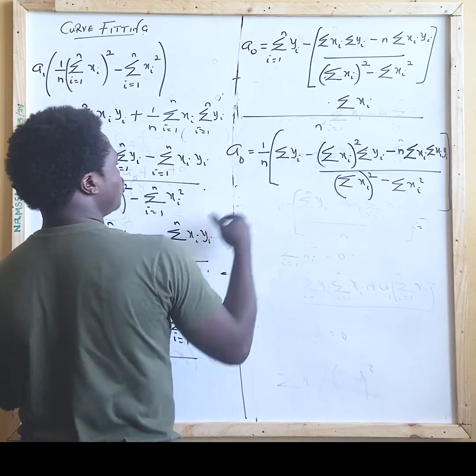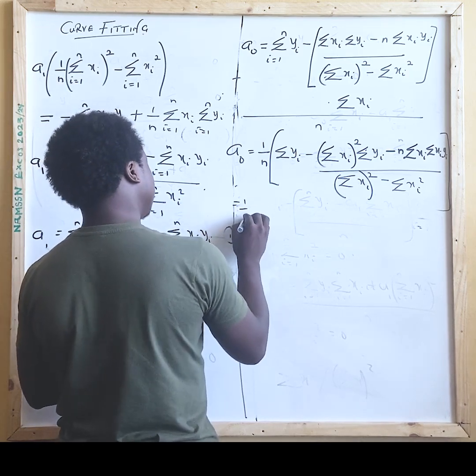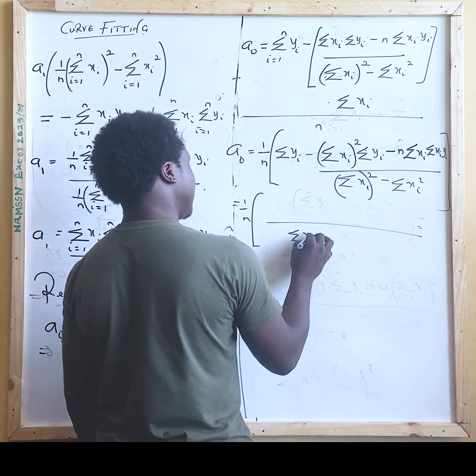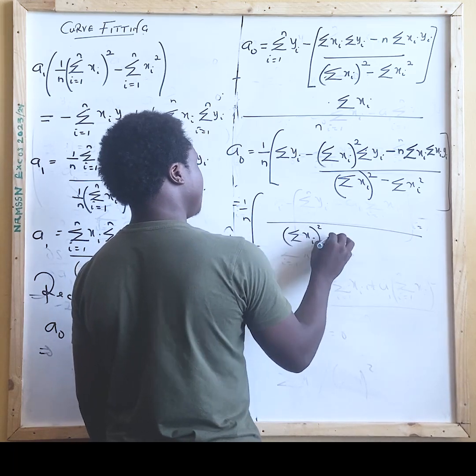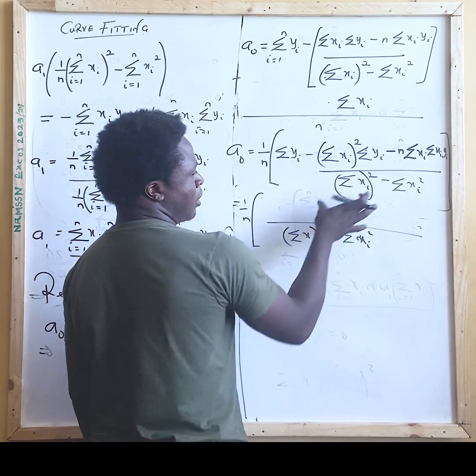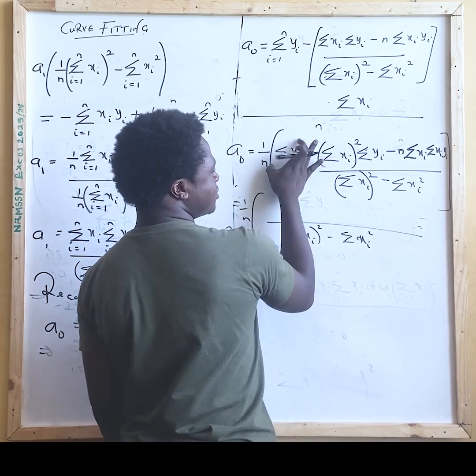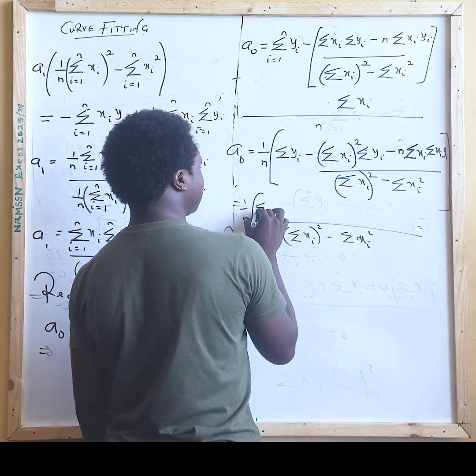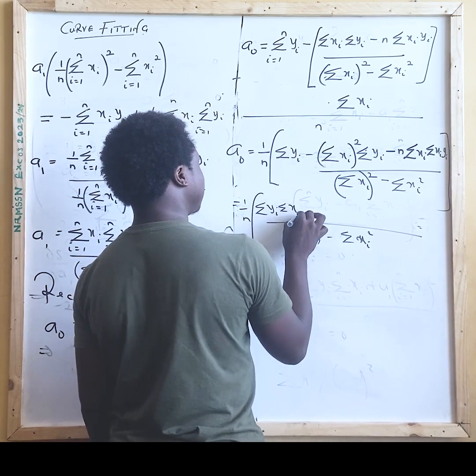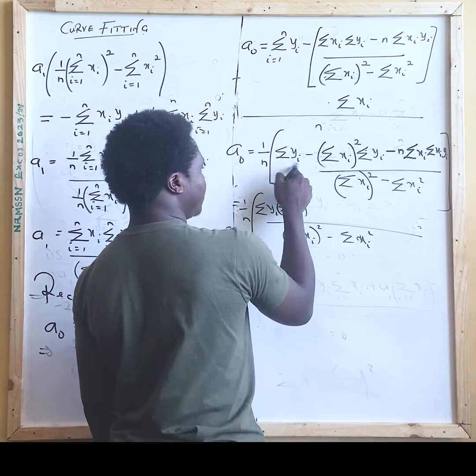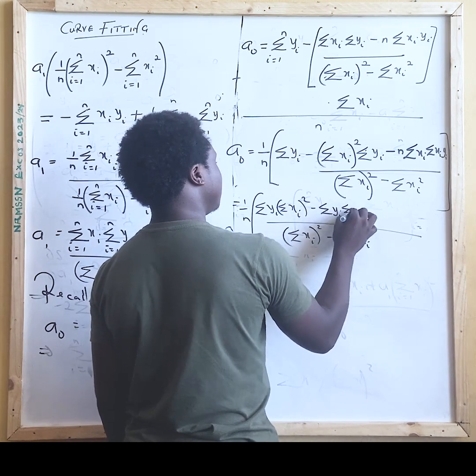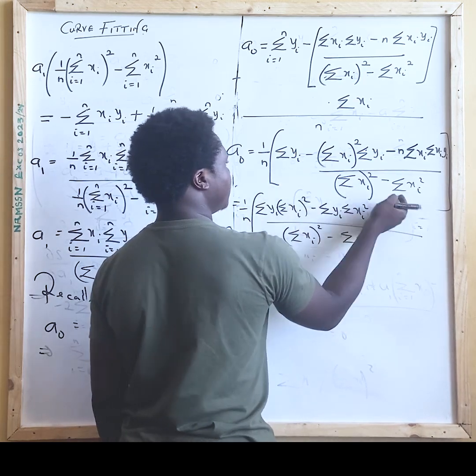So the LCM of these two is what I have here: summation xi square minus summation xi square. So we are multiplying both of this. That is, we'll be having summation yi summation xi square for these two minus summation yi summation xi square for these two.